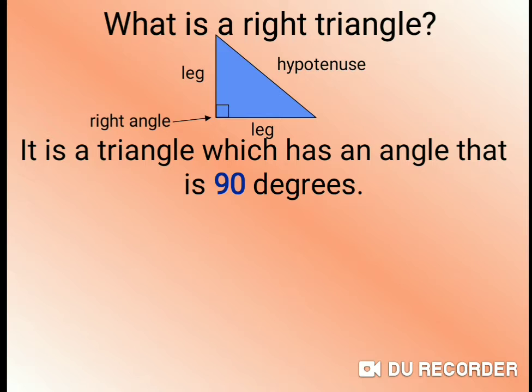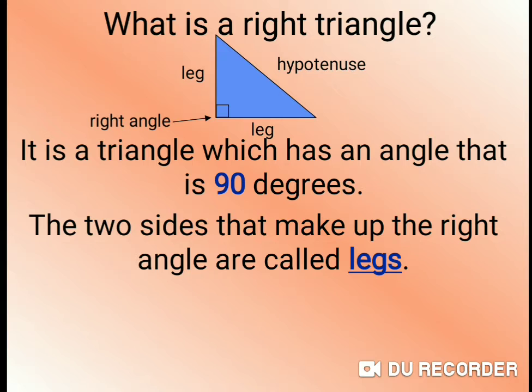So you will remember that it is a triangle which has an angle that is 90 degrees, and the two sides that make up the right angle are called legs of the triangle, or we used to call them perpendicular sides of the triangle.